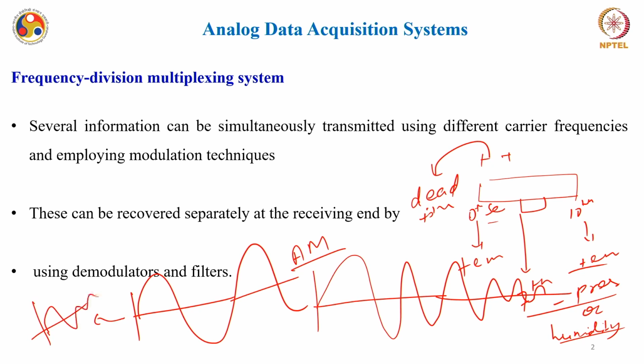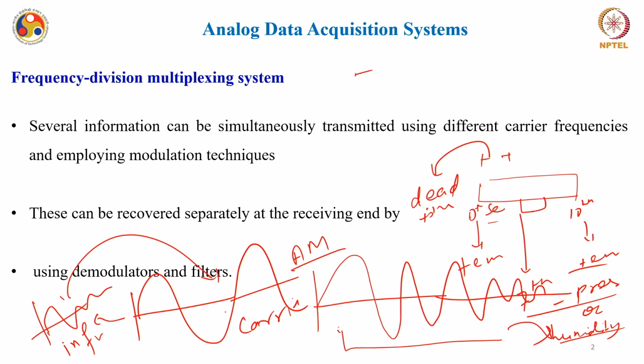Say the message is something like this. This information modulates the carrier signal, and in amplitude modulation its amplitude is changing. It looks something like this, and then it is demodulated at the other end.